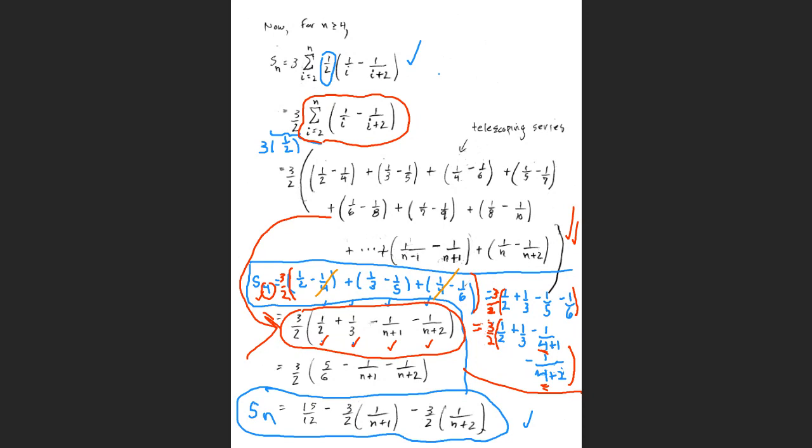That's the nth partial sum. You distribute the 3 halves everywhere here. Are there any questions on this?